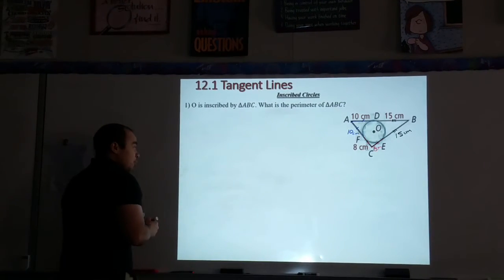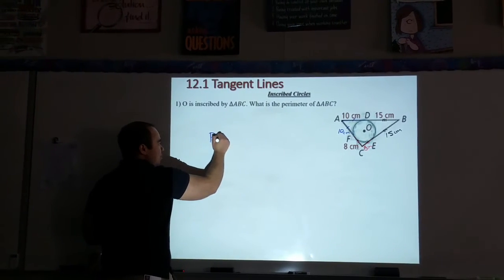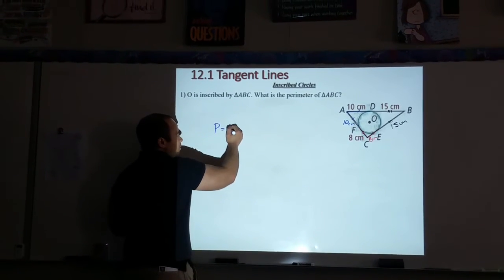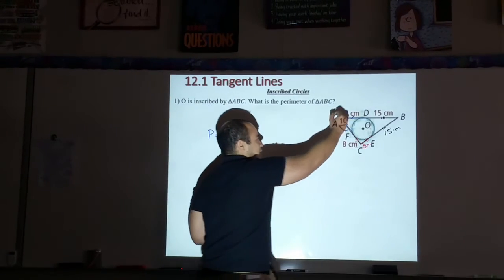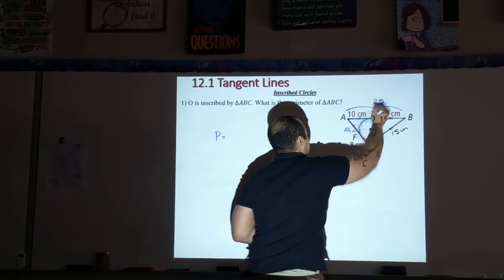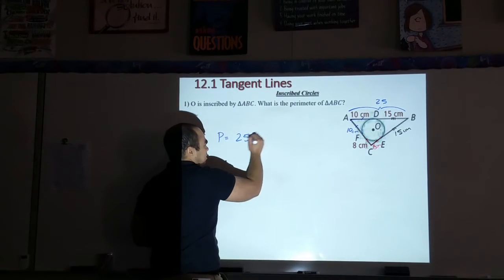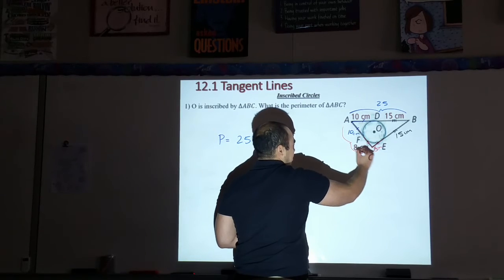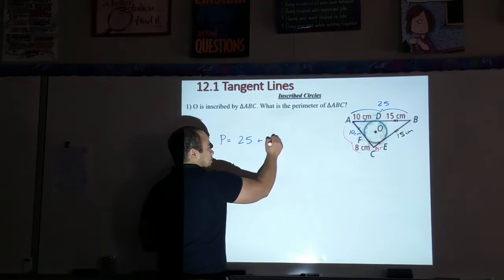So in order to find the perimeter of a shape, you add up all the sides. So we're going to add up all the measurements we have. The top measurement, AB here for this triangle, has a length of 25. So we're going to take 25 plus AC here, which has a total length of 18.